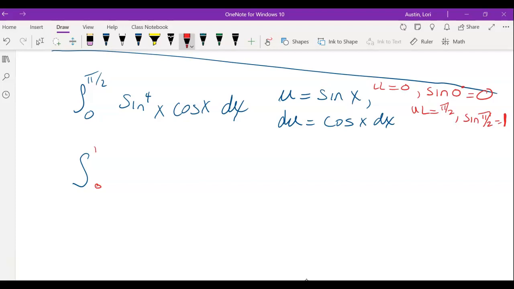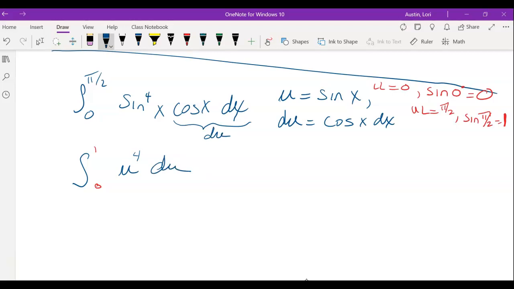Which is good because we're going to work with u's. We're not going to work with sines and cosines anymore. This is why it's easier to change your boundary. All right, let's rewrite it now. u is sine x. What's happening to u, everybody? It's being raised to the 4th power. This is just du.